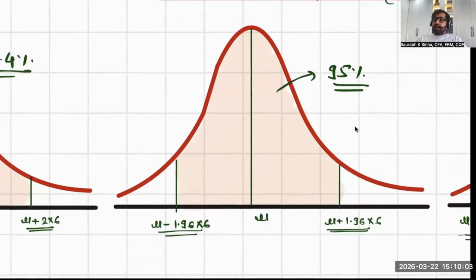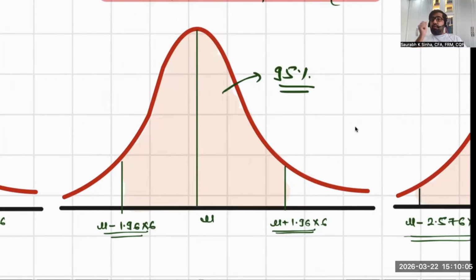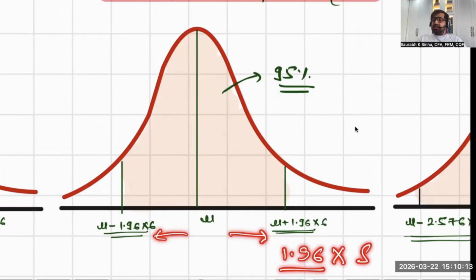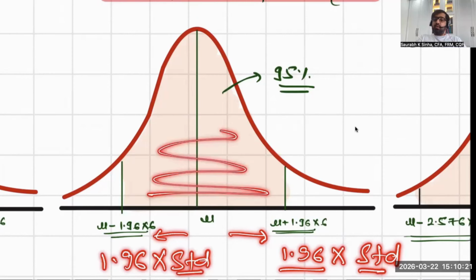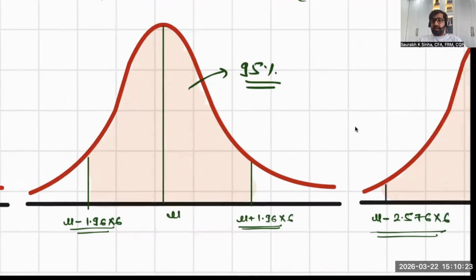Next, if you move symmetrically in the left and the right direction from the mean, about 1.96 standard deviations away from the mean, the total area that you would cover is 95%.